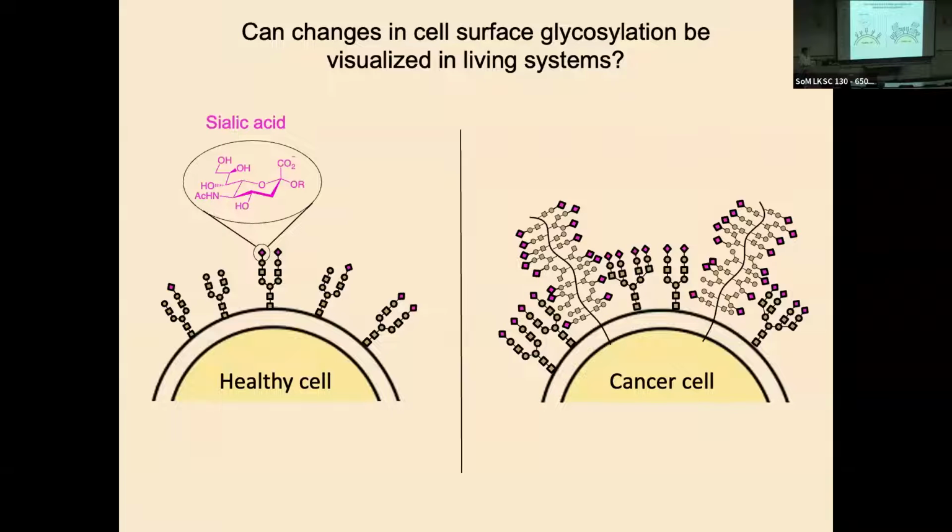It was known and accepted even back in the 1980s that cancer cells had this overgrown forest of sialylated glycans compared to healthy cells, which have more of a well-manicured garden, I like to think of it, of these sialoglycans.